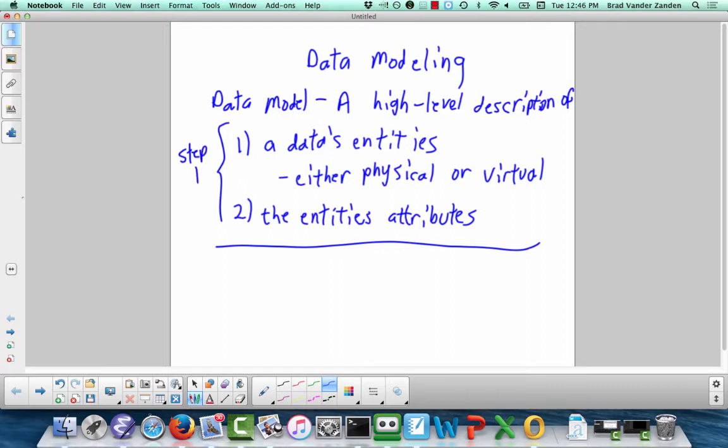Then the next two steps are identifying the relationships among the entities. So relationships are the way in which your entities interact.